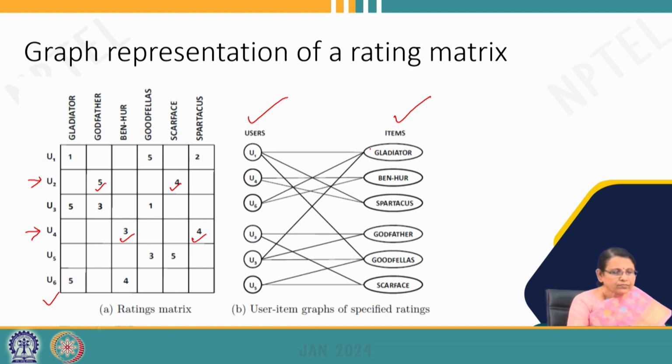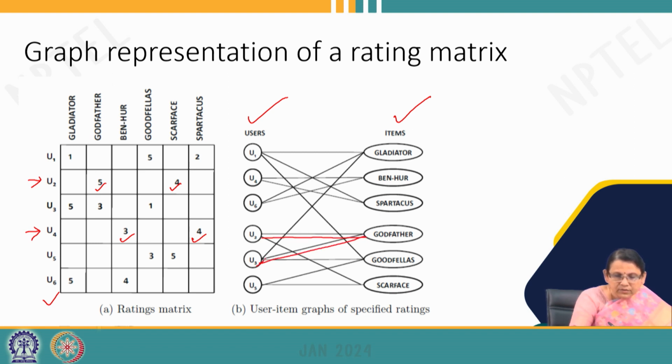Now, in this setting, if we look at user U2 and try to find out the similarity with U4, we may have a transitive way of connecting both user U2 and user U4. So, user U2 is connected to this one, connected to this one, connected to this.